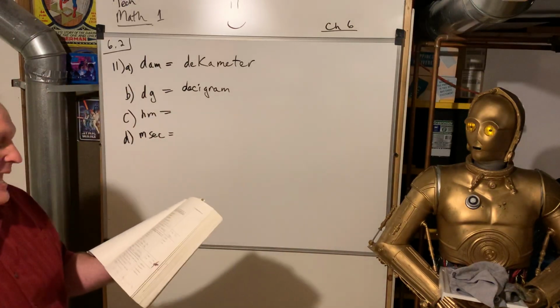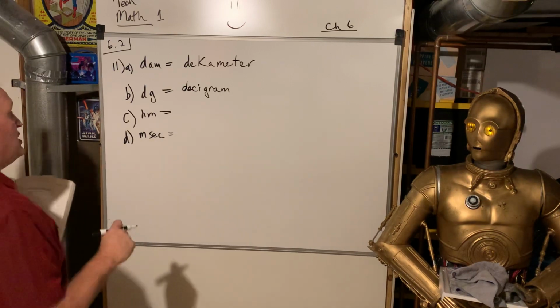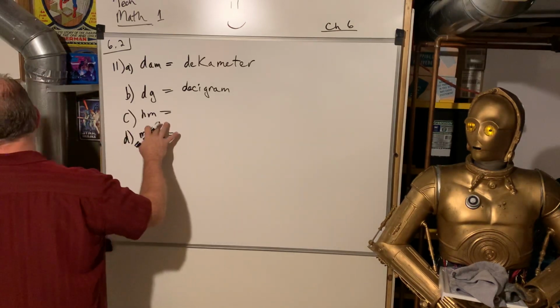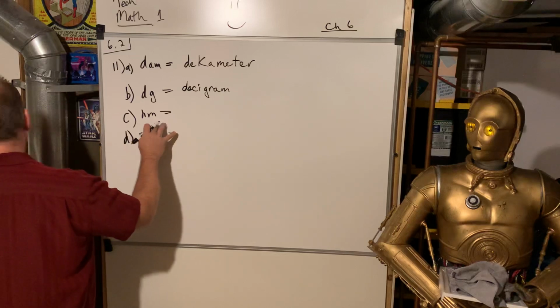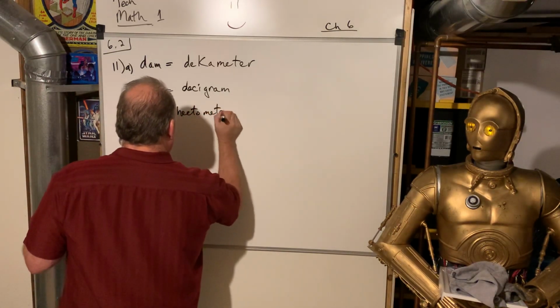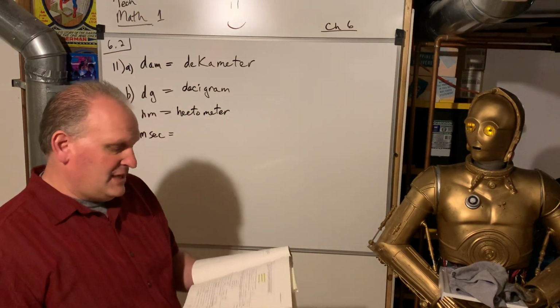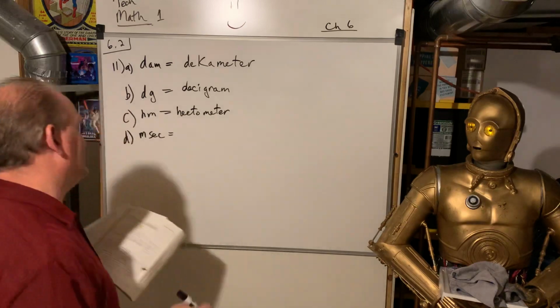What does DM? No, I'm sorry, an HM. That's an H, not a D. HM is a hectometer. And M-sec is a millisecond.